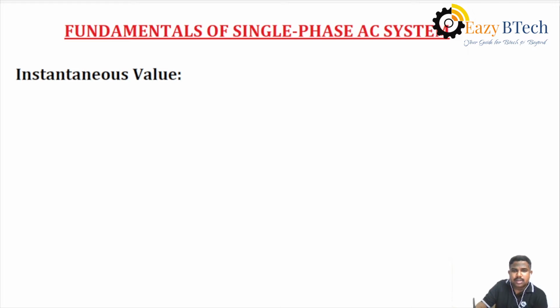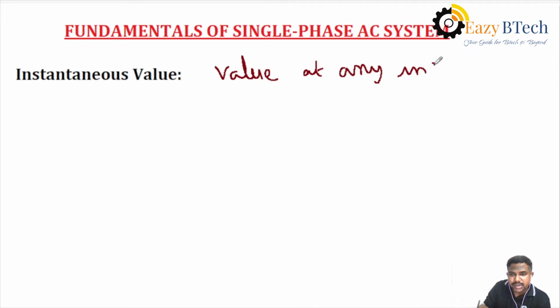That is the value of an alternating quantity at any instant, at a particular instant. Instant means time. At a particular instant, that value is called the instantaneous value of the corresponding given waveform.